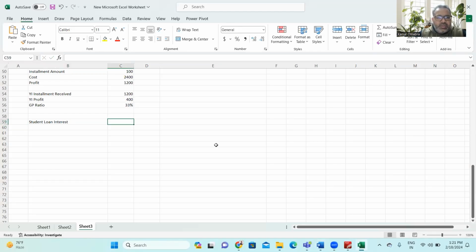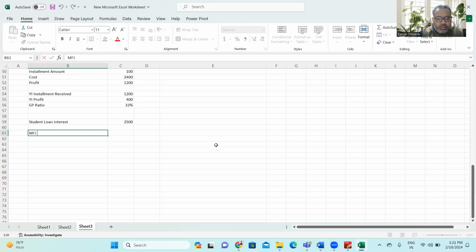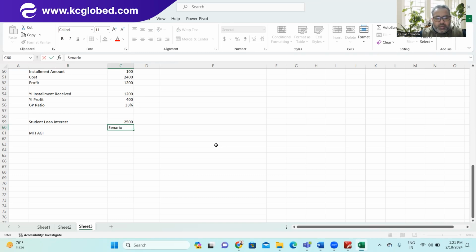Let's assume you have $2,500 total student loan interest, and you're married filing jointly. Adjusted gross income, AGI, scenarios 1, 2, and 3.